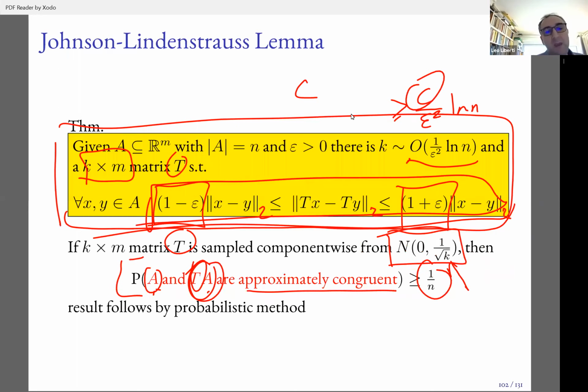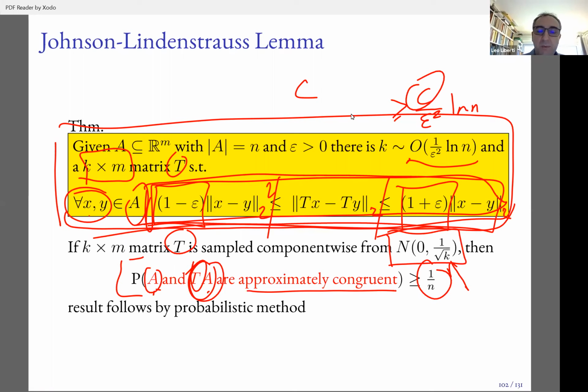So you can read this to mean, and this is actually what happens in practice, that if you sample only once, you'll have some probability of getting some pairs wrong, okay? So for some very few pairs in this set A, we'll have very different distances, okay, but very few, and all of the rest will basically verify this relationship.